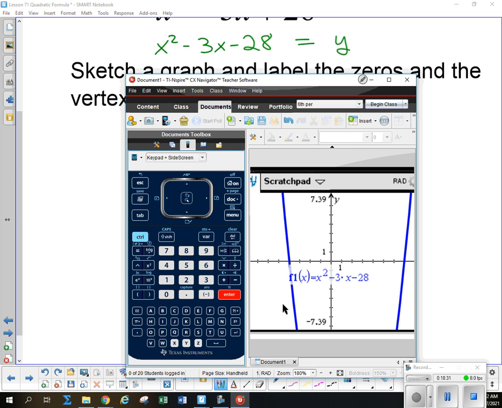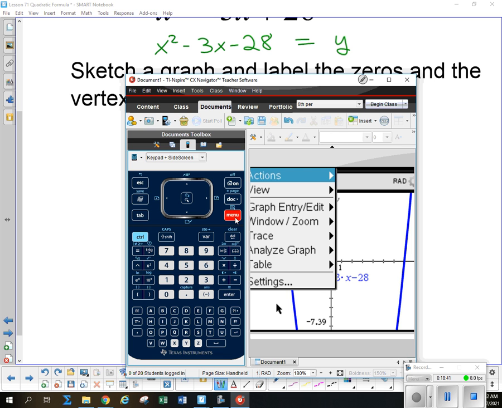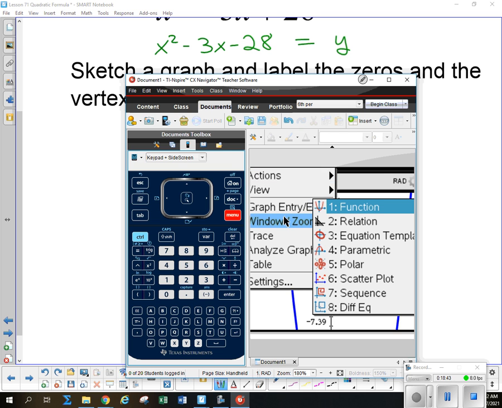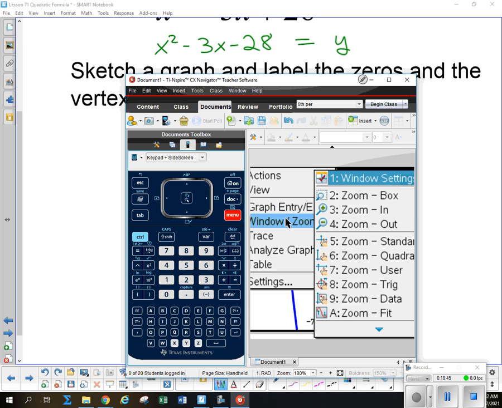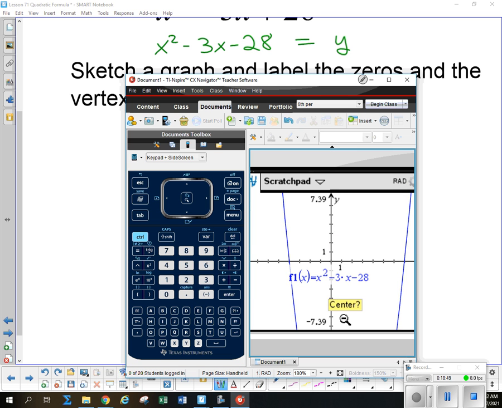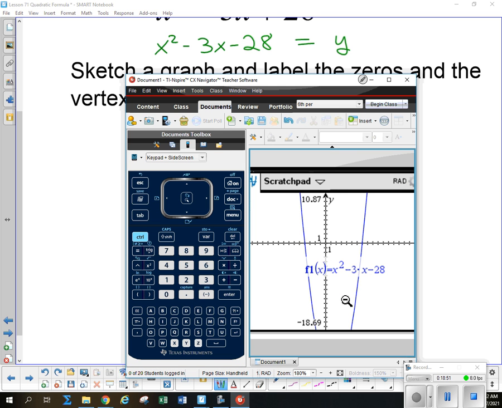Oh, I can see where it crosses the x-axis, but I can't see the vertex. I'm not happy with the way it looks, so menu, and then I want to zoom in or out, and I want to zoom out some on this one, I think, and I'll try the center maybe about here. Okay, I'm getting closer.